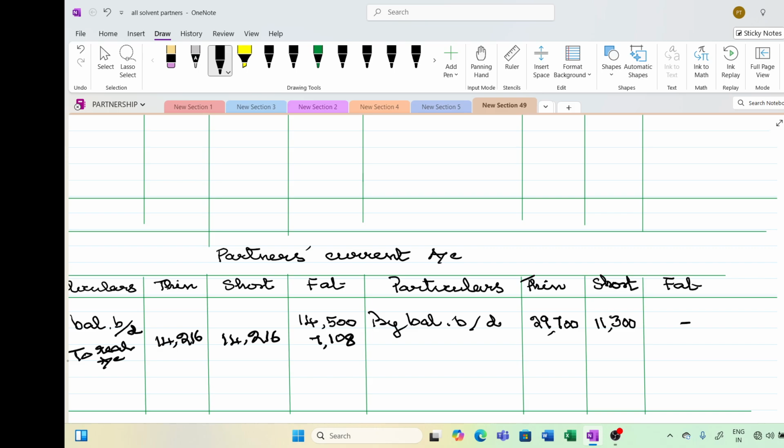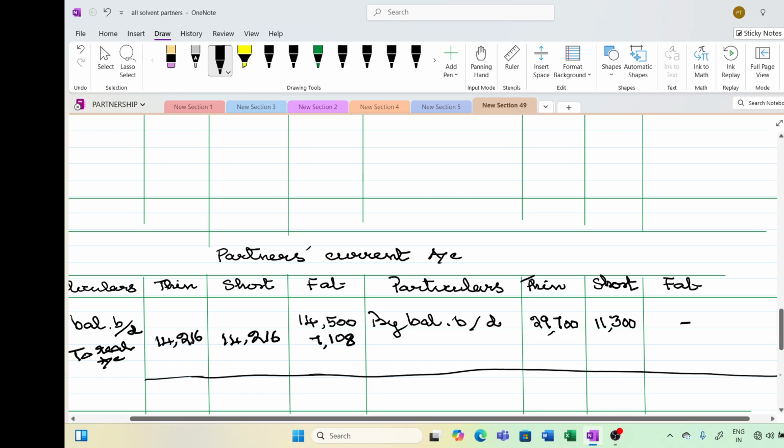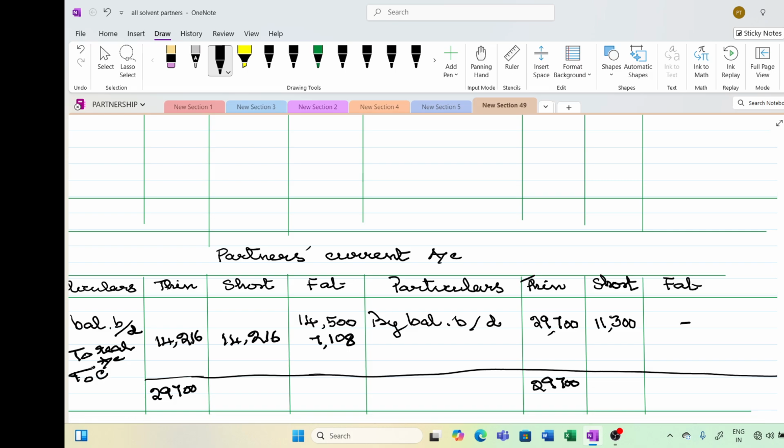Now we are going to close this current account. This total is 29,700 because it's more, so I am copying 29,700. The balance will be transferred to capital account, that is 15,484.